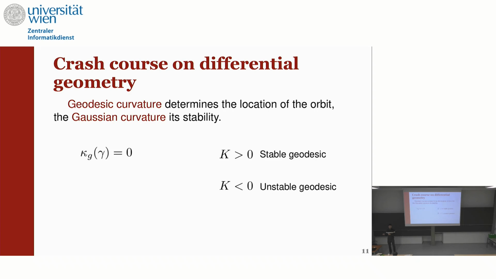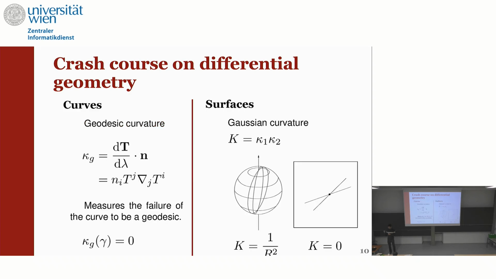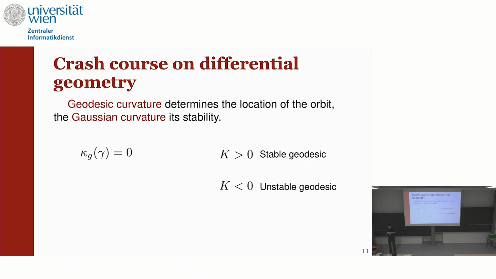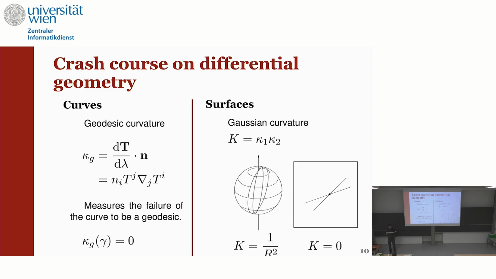But in a previous example, you were saying K is positive, the geodesics will meet again. Yes. So would you say that those are unstable geodesics? No, it's stable, so they will meet again. If you are in a time-like circular orbit, for example, and you do a small perturbation, it will deviate, but then it will meet again. So we say that the orbit is stable.